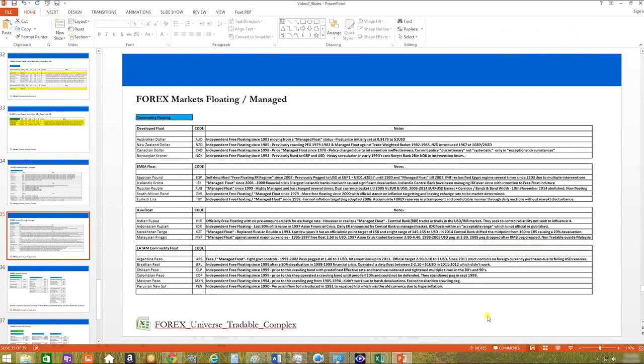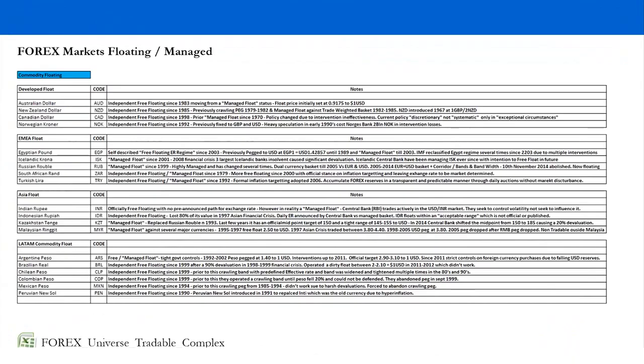We've drilled down another level and said, okay, we understand the fixed Forex regimes, but we're going to understand them, but not trade them over timeframes that as traders we need to trade over in order to make consistent profit.